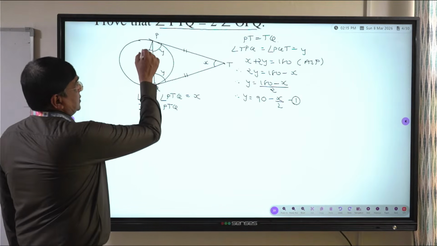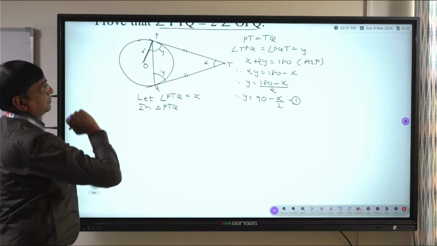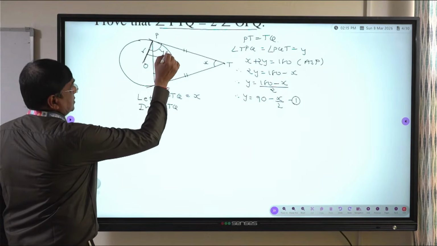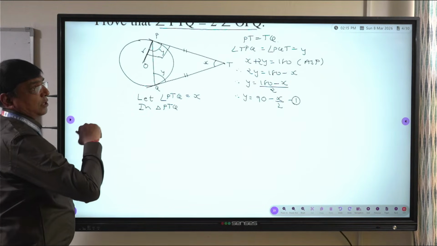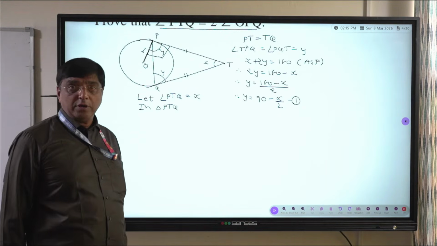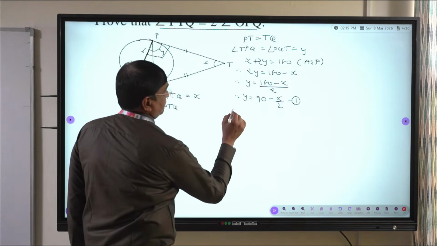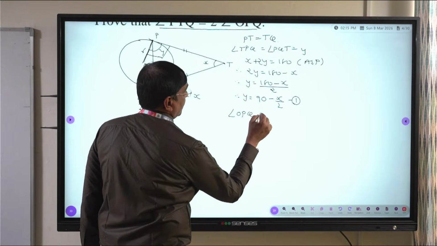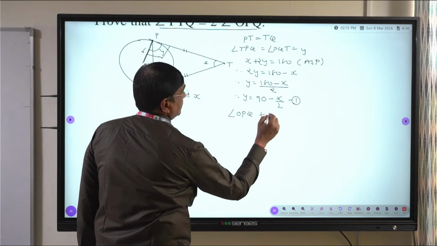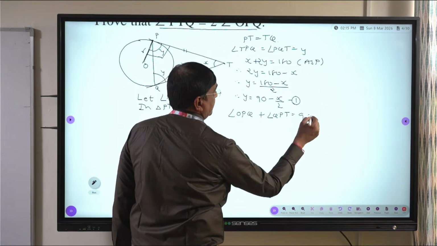Now, consider this diagram. OP is a radius, and a radius is always perpendicular to the tangent at the point of contact. That is theorem 10.1. So we can say angle OPQ plus angle QPT equals 90.